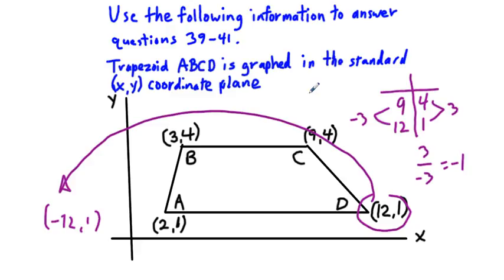If we take the average x value between point D over here to the right, 12, and point A over to the left, 2, we have 12 plus 2 over 2, and that's going to be 7. So x equals 7 is going to be our vertical line that's equidistant between point A and D. So I can just draw a vertical line here that is just about halfway.